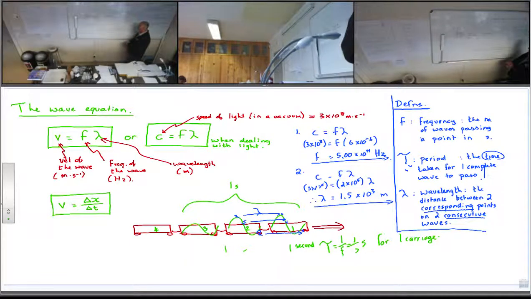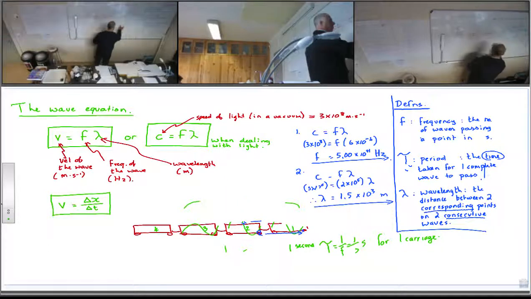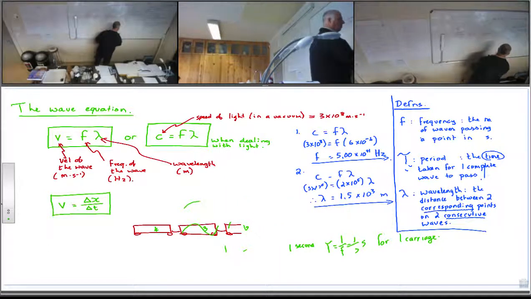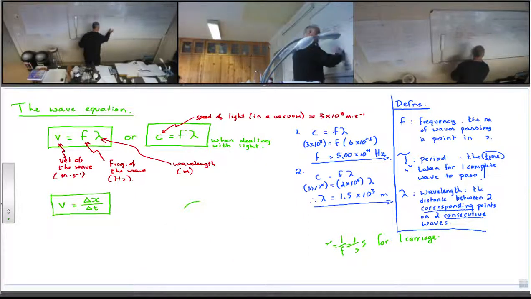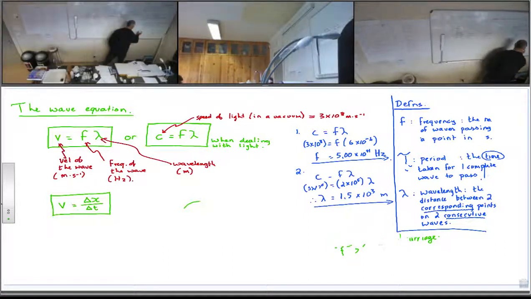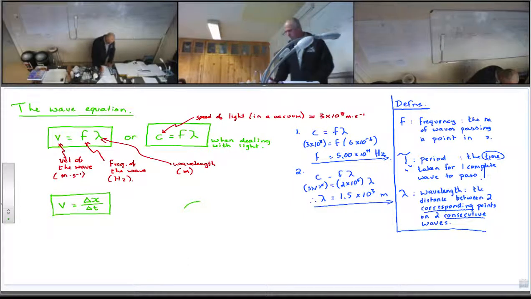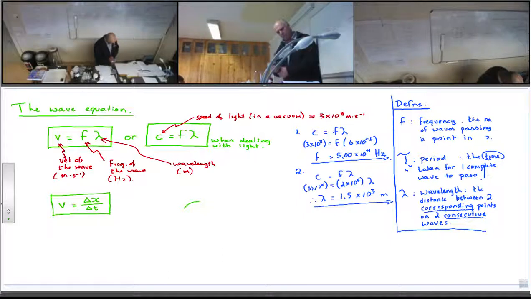So now we can do number 3. Number 3, light has a period of 2.5 times 10 to the minus 7 seconds.